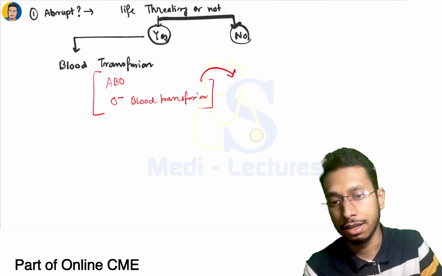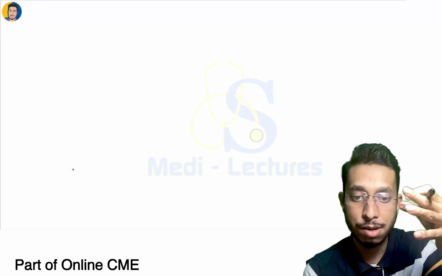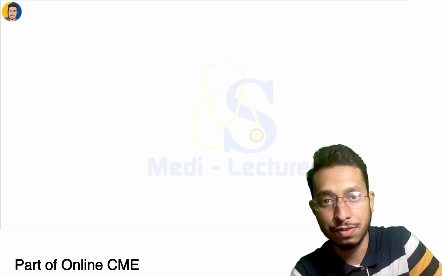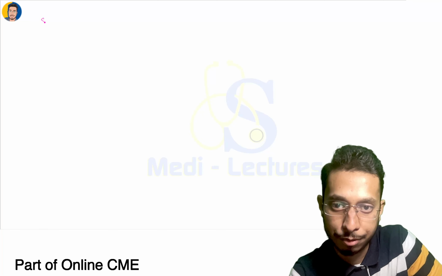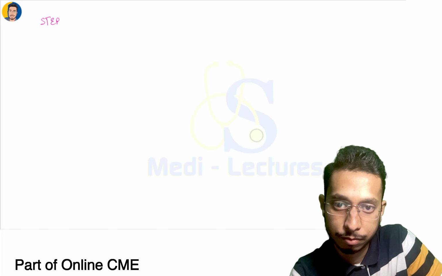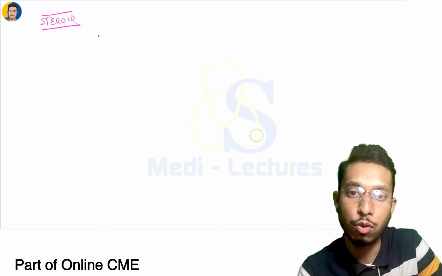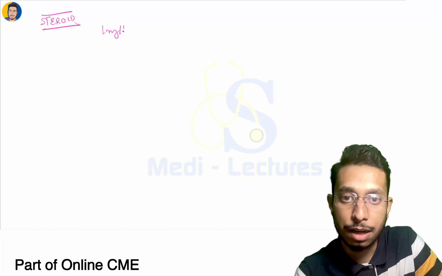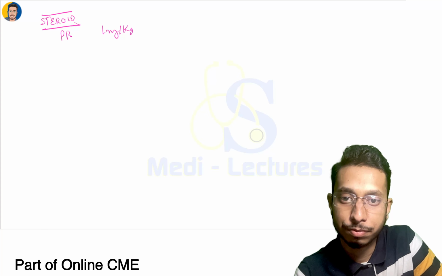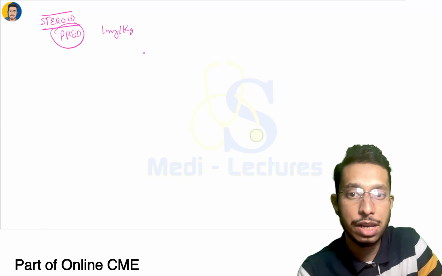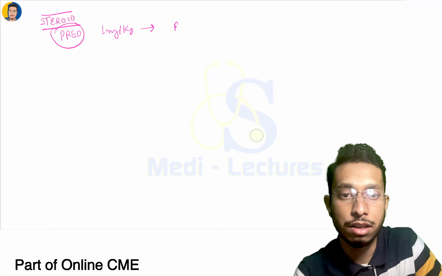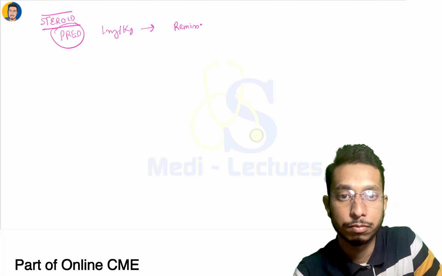So whether it is not a life-threatening condition or we have bought some time with blood transfusion, the next step is obviously to go for specific therapy, which is nothing but steroid. And what is preferred in steroid? Steroid prednisolone is preferred at the dose of 1 milligram per kg. Now, prednisolone 1 milligram per kg results in remission in 50% of cases.